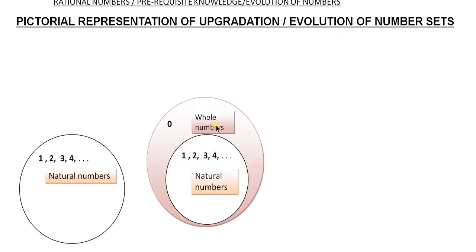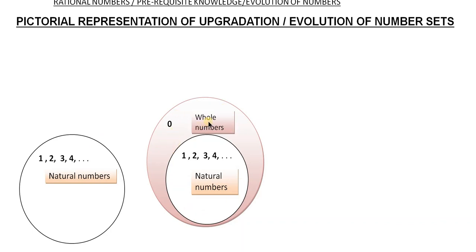So, coming to evolution of number sets. You have studied about the natural number set. Natural numbers were meant only for counting, and when the purpose shifted from counting to measuring, you included 0 to include the starting point of measuring.